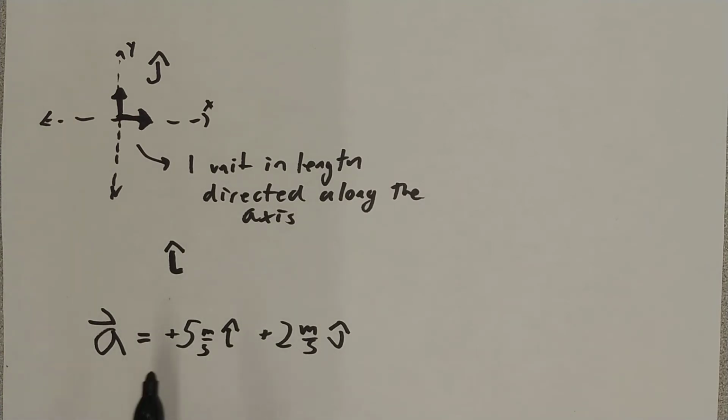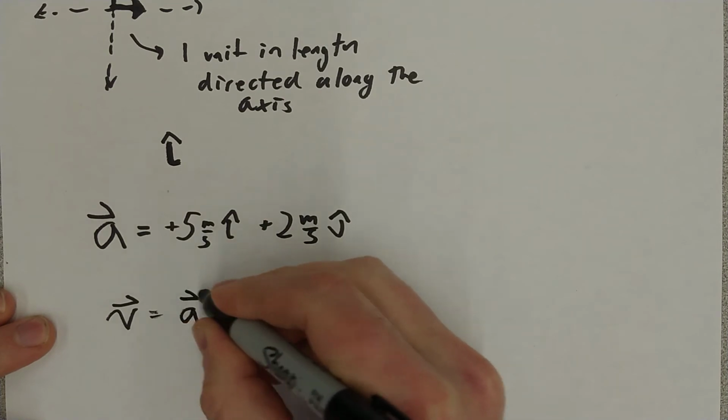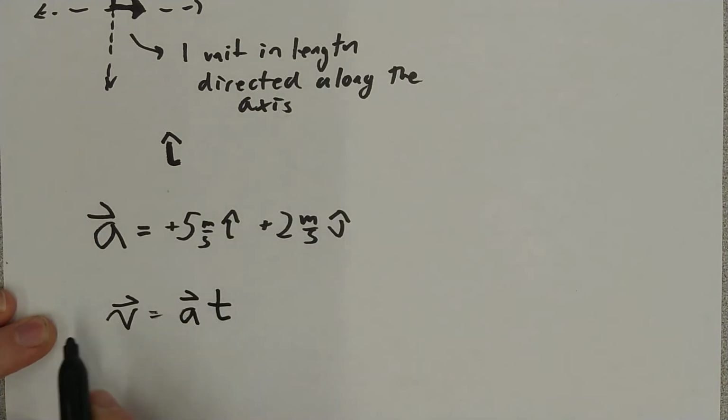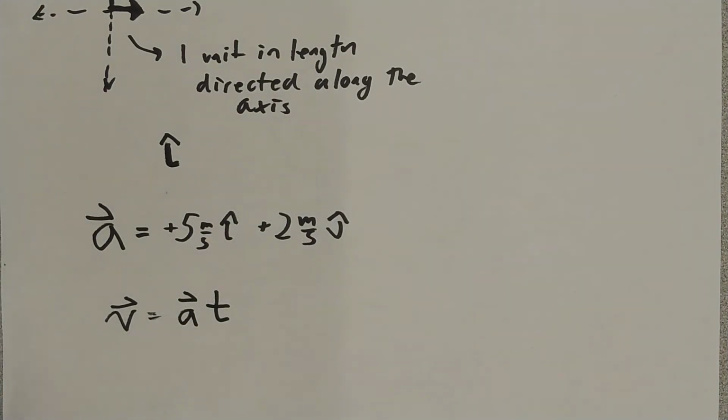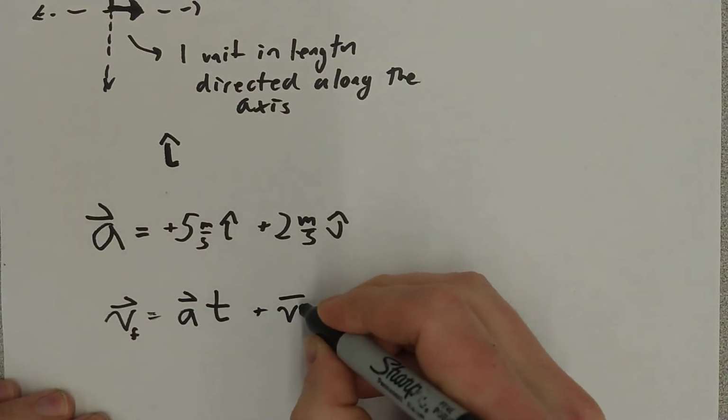What this allows us to do is write our acceleration in terms of the components in a formula that allows us to do math to it, believe it or not. If I want to find the final velocity, well, that's acceleration times time, right? So notice I'm putting these arrows above it, VF here, assuming plus V initial.